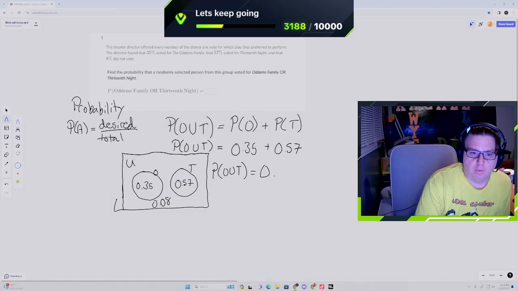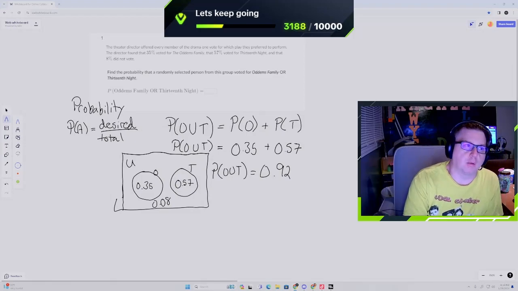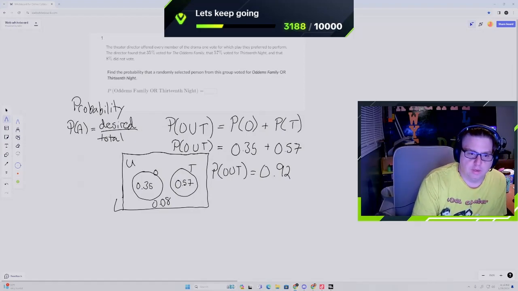And when we do that, we get 0.92. Now, what we talk about in our classroom is you also need to make this a percentage. So we're going to take this decimal and shift it 2 places to the right. And once we do that, we're going to get 92%.